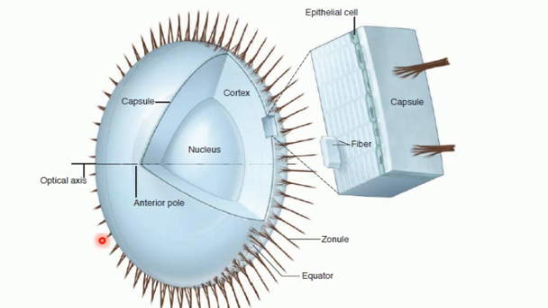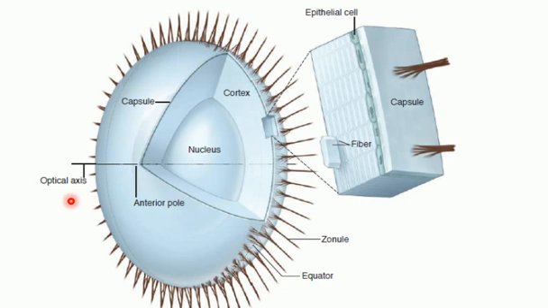An imaginary line called the optic axis joins the anterior and posterior pole of the lens, passing through them. Hypothetical lines on the lens surface that pass from one pole to the other are referred to as meridians. The equator of the lens is its greatest circumference.